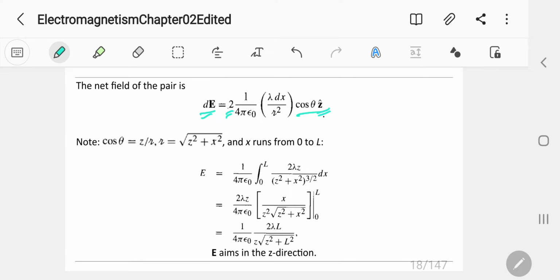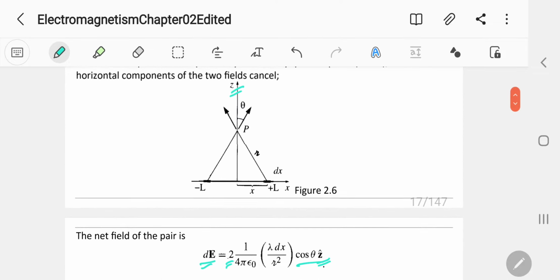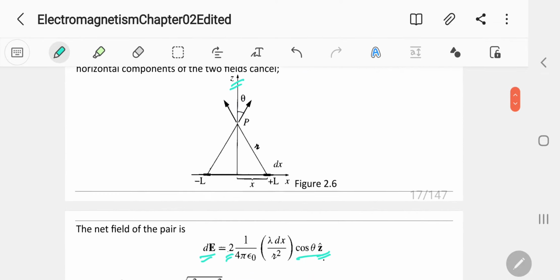And what is cosine theta here, by the way? Let's look at that. So theta is here. This is also theta. This is the cosine theta component of the electric field. But what is cosine theta? This is also theta as well.